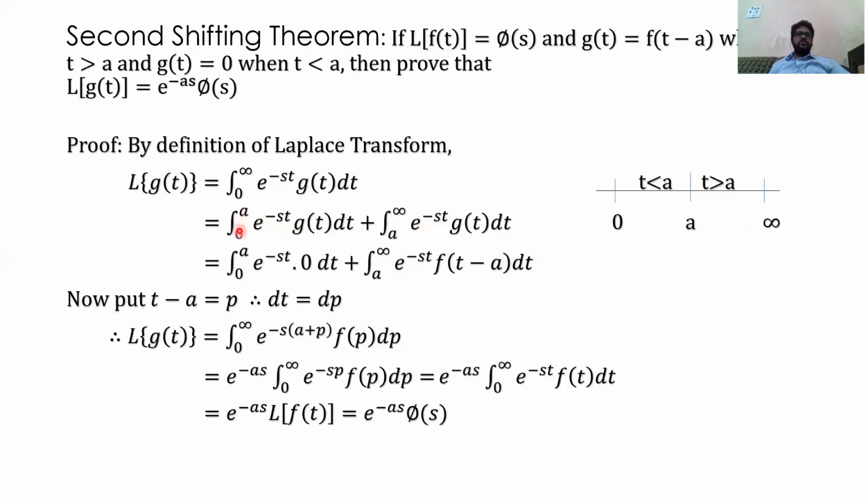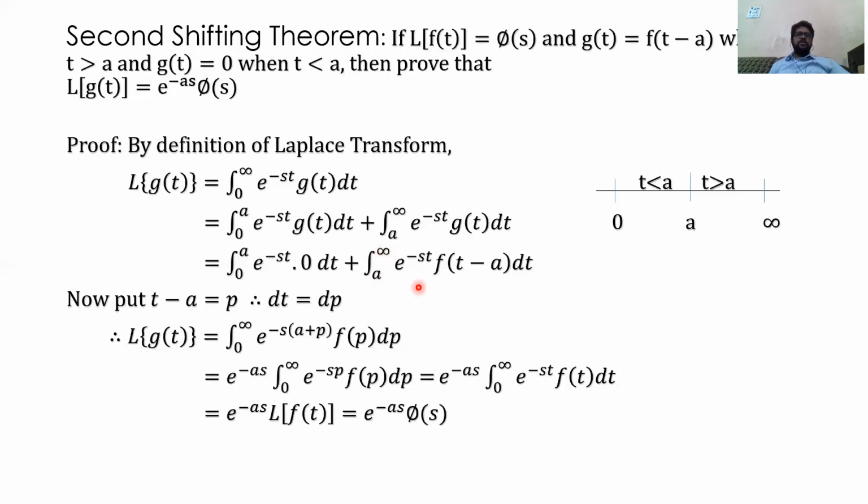In the range 0 to a, g of t is 0, so we substitute that. In the range a to infinity, g of t is f of t minus a. The first integral multiplies with 0, so we get only the second integral, a to infinity of e raised to minus st f of t minus a dt. Now try to bring it into the form of an integral from 0 to infinity.